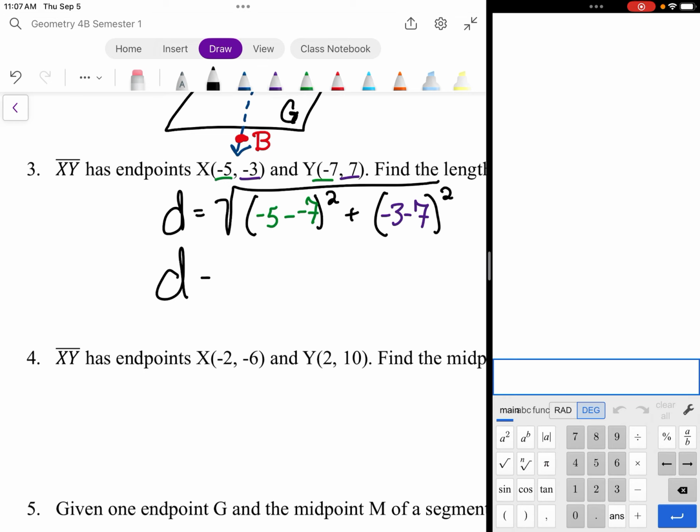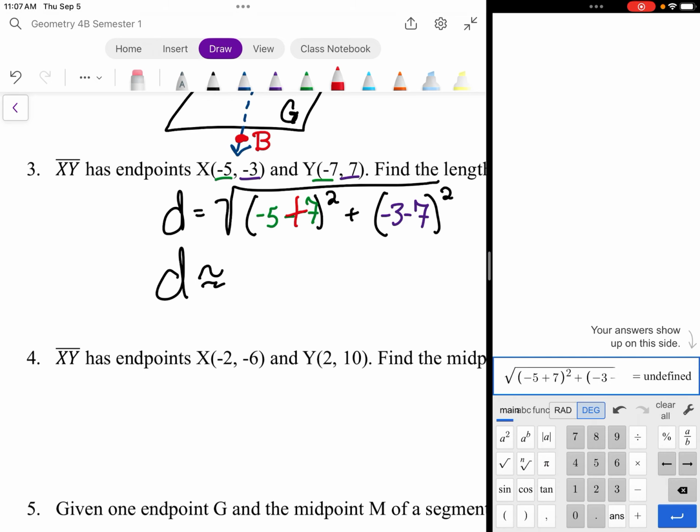Now you can simplify this, then type it into your calculator, or you can type it into your calculator now. This one did say to the nearest tenth, so that means we only have to go to 1 decimal point. And I'm going to change this double negative to a plus before I type it in. So we would have -5 plus 7 in parentheses squared plus -3 minus 7 in parentheses squared.